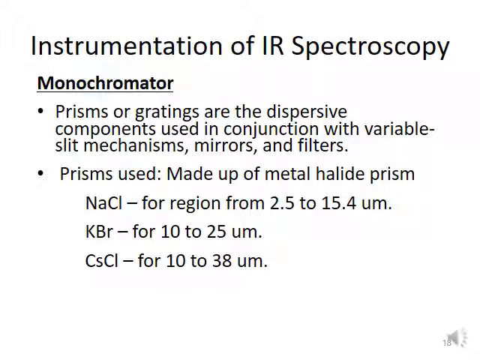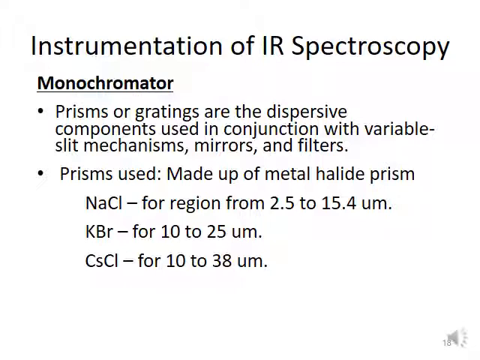Just like I explained just now, in infrared spectroscopy the sample must have covalent bonds, so that we can estimate the vibrational motion of different kinds of molecules. But an ionic compound is difficult to analyze using IR spectroscopy, because an ionic compound will not absorb infrared light. That is why for infrared spectroscopy the monochromator uses a prism made of an ionic compound, like sodium chloride, potassium bromide, and cesium chloride.